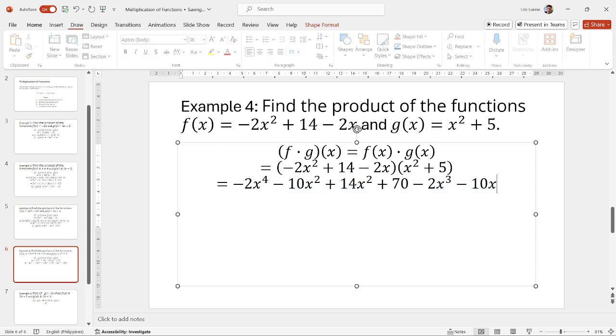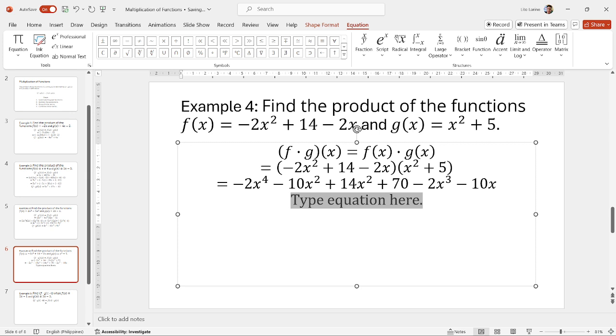Writing our final answer, again, we have to express this in descending order according to the exponent. We have negative 2x to the fourth.